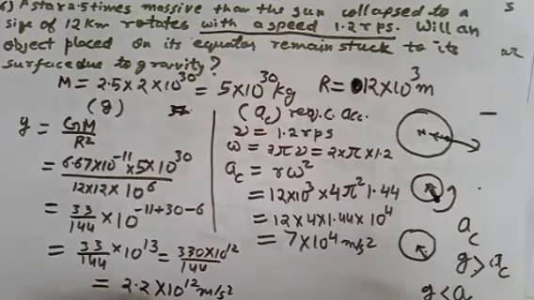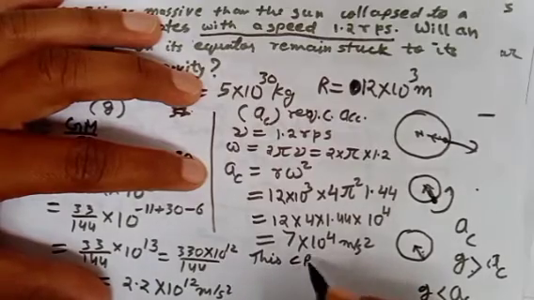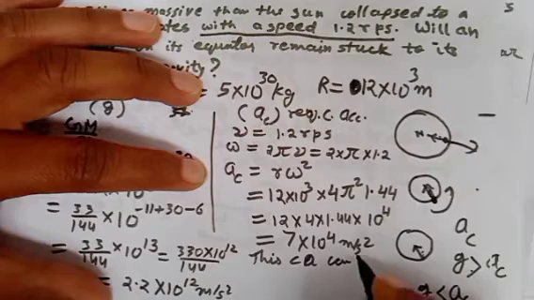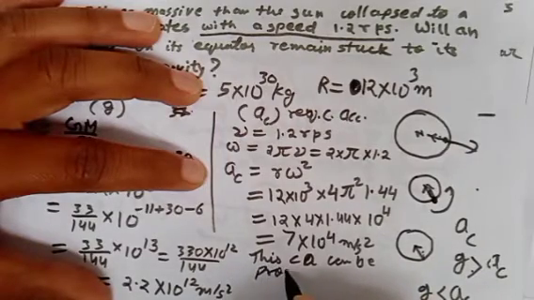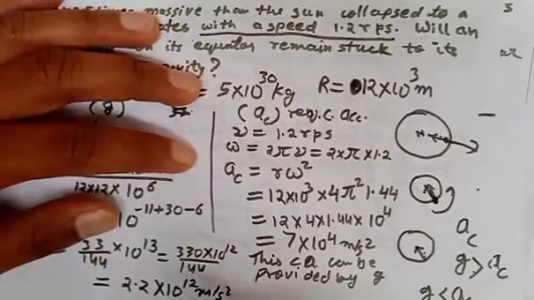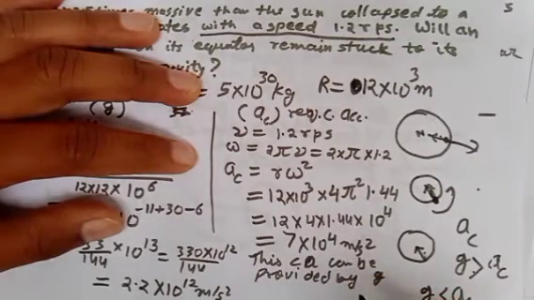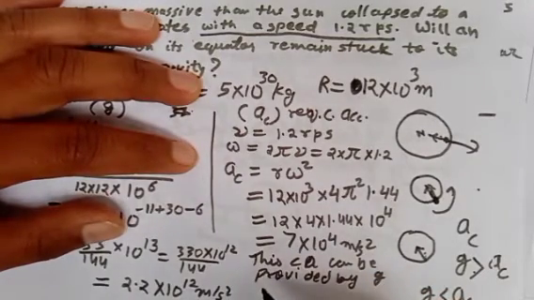So this centripetal acceleration can be provided by acceleration due to gravity. A part of it will contribute to give that body centripetal acceleration, so it will remain stuck.